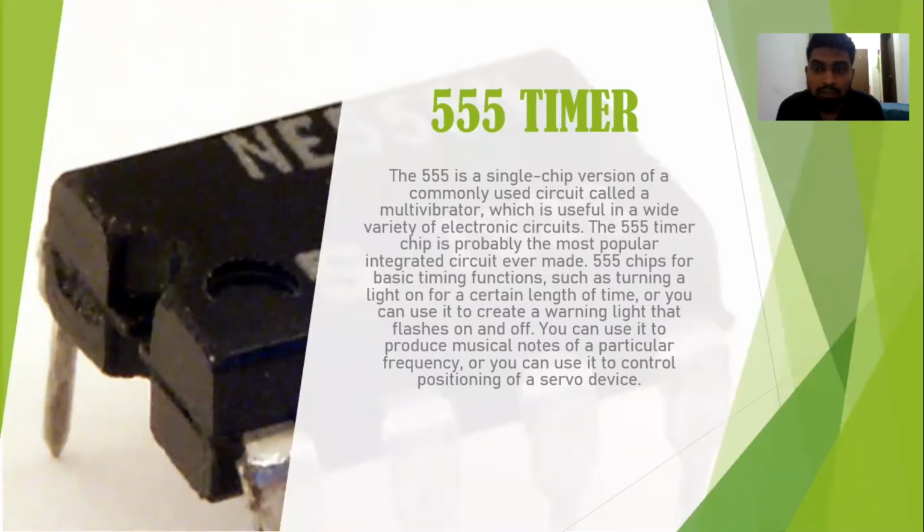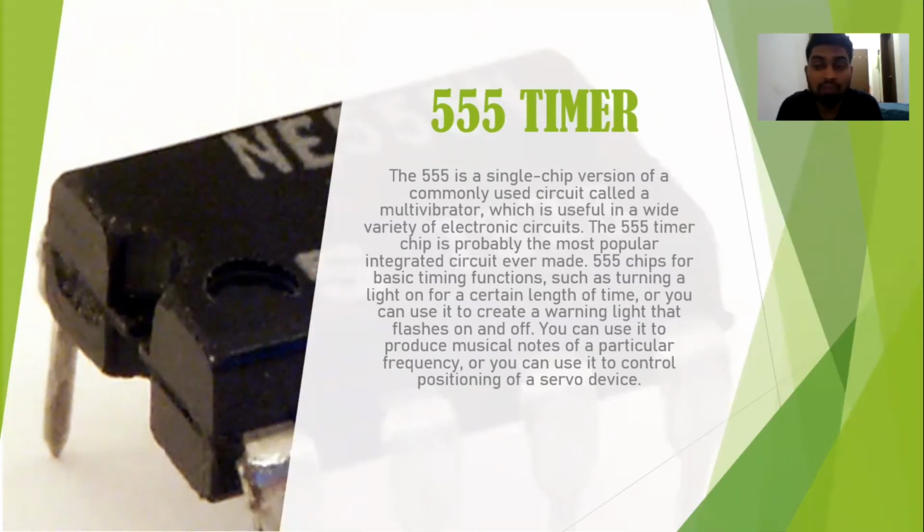Good morning. My name is Sivashankar. Now I want to explain about the 555 timer, which we use in the circuit. The 555 is a single-stage version of a commonly used circuit called the multivibrator, which is useful in a wide variety of electronic circuits. The 555 timer chip is probably the most popular integrated circuit ever made.